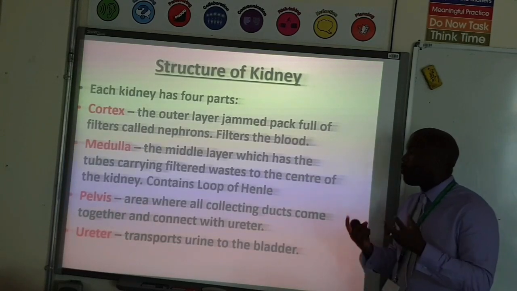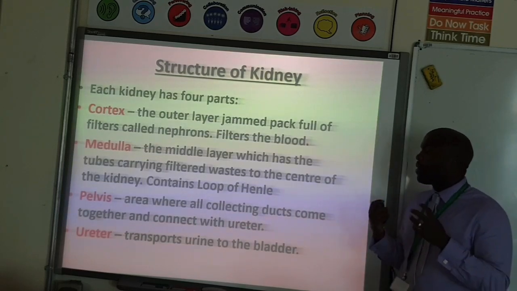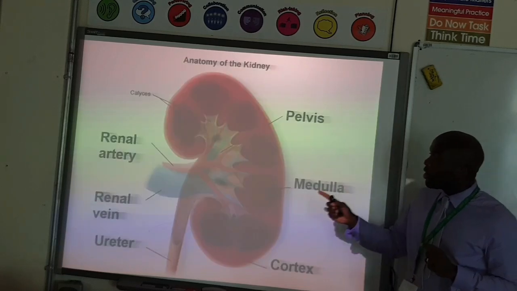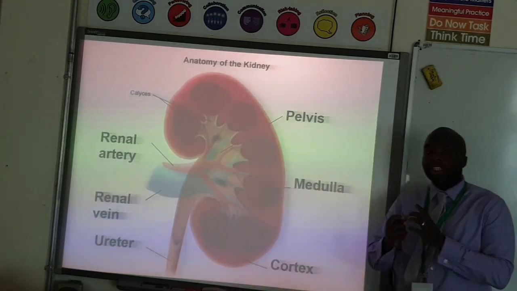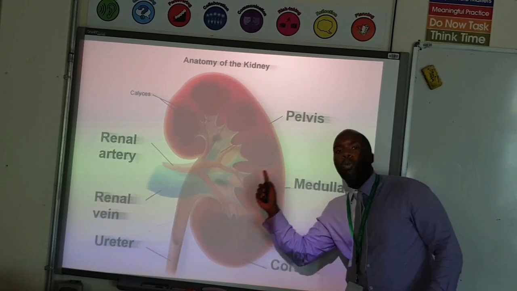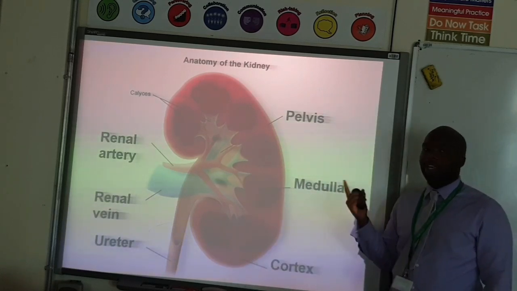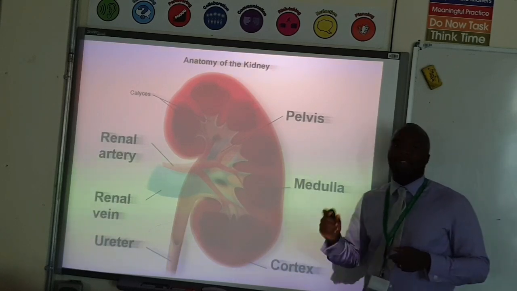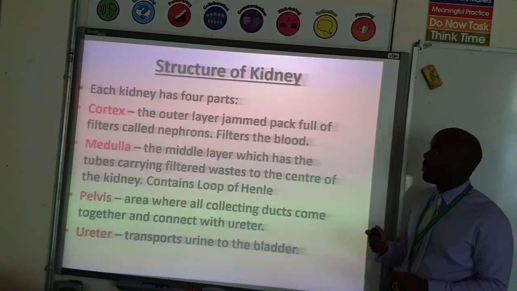This pelvis is the area where the collecting ducts come together and collect to the ureter. Now the ureter, which you can see down here, essentially escorts the urine away from the kidneys to the bladder to be held before it is excreted out of the body.